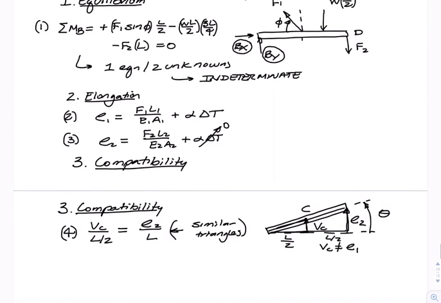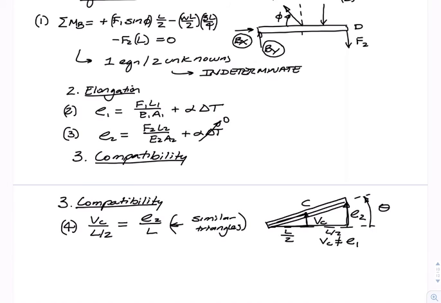But note that if we look at the wire, what we can say is that the elongation of the wire, that's what we need to bring in, is going to be related back to the horizontal component of displacement of C times cosine of the angle for member 1 plus the vertical component for the displacement of C times sine of theta 1.